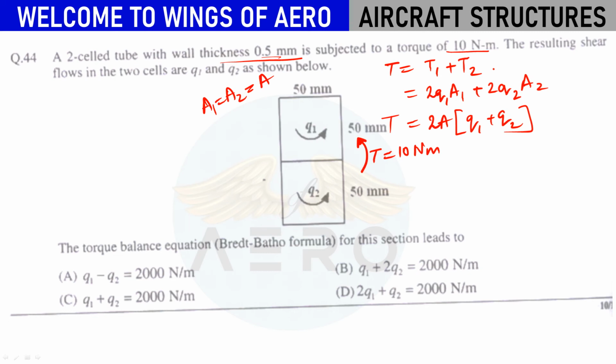The other options have 2 q1 plus q2, or q1 plus 2 q2, or a minus sign, and here we don't have any sort of minus sign. So directly we can choose C as the right option, that is q1 plus q2 equal to 2000 Newton per meter.